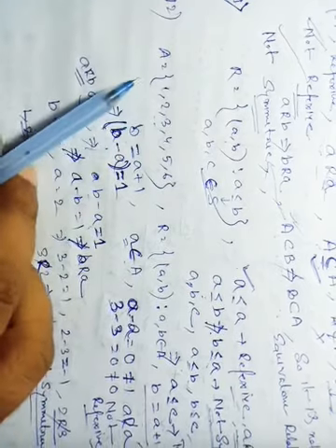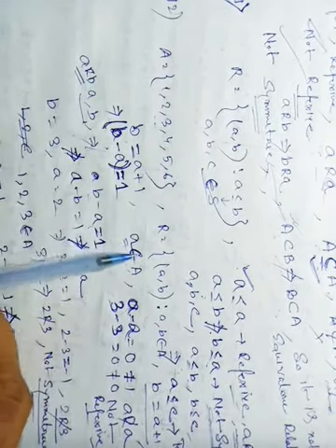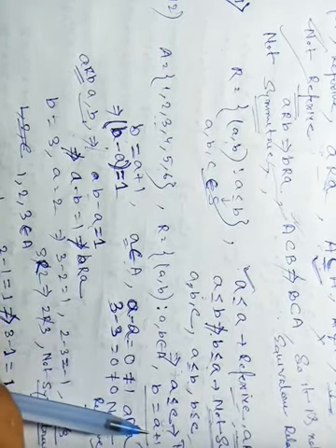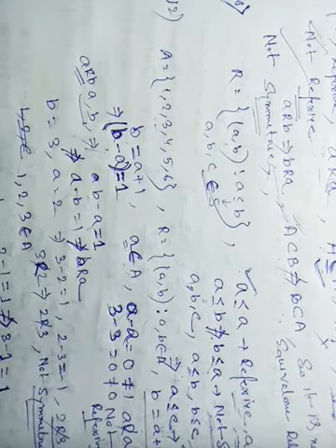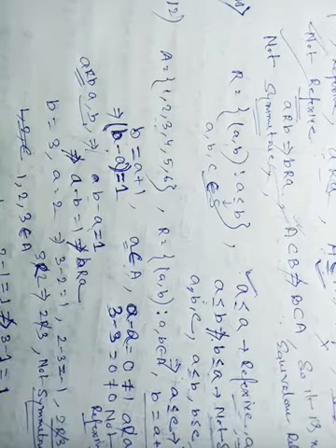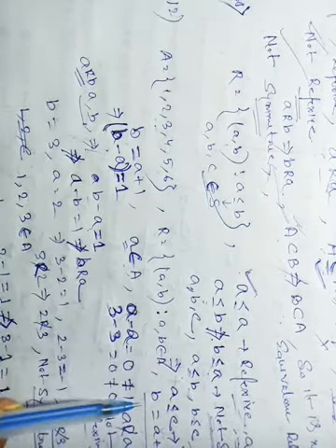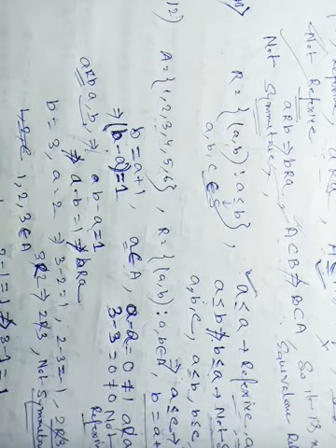Another problem is given here. A is equal to this set and the relation is this: B is equal to A plus 1. Now we have to find whether R is reflexive on A or not. The relation is given here, B is equal to A plus 1. Now student, B equals A plus 1 means B minus A is equal to 1.